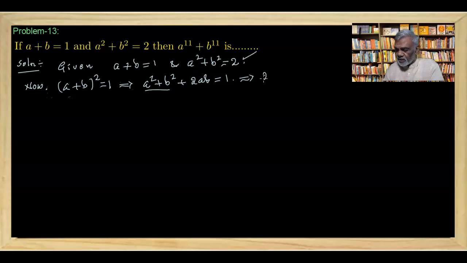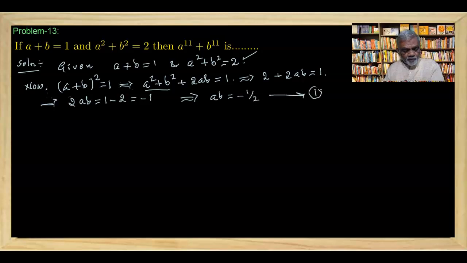I am substituting this: 2 plus 2ab is equal to 1. And this implies 2ab is equal to 1 minus 2, that is minus 1. And this will give us ab equal to minus 1 by 2. Let me call this 1.